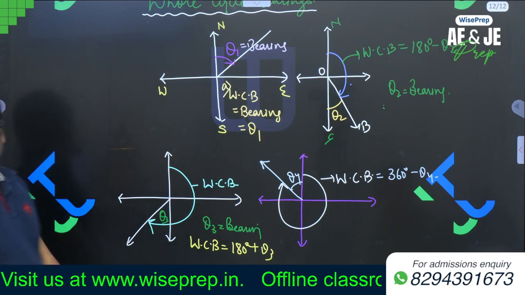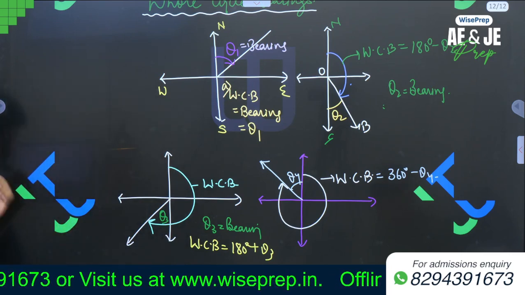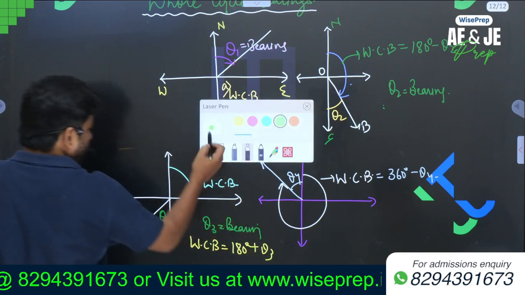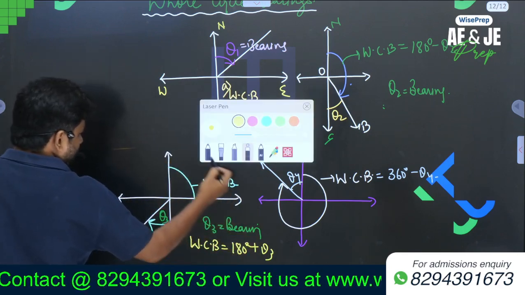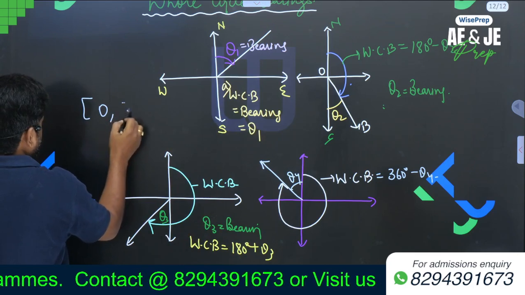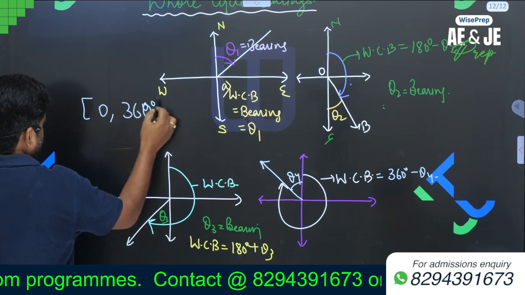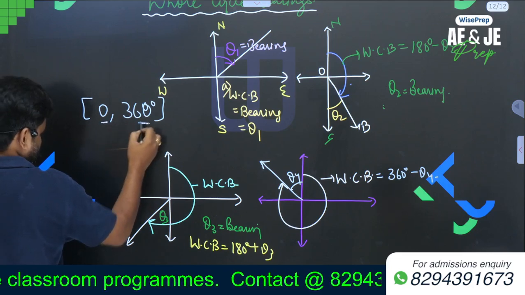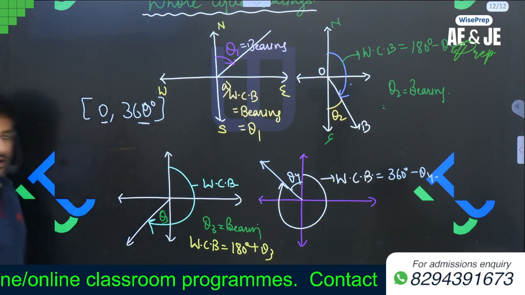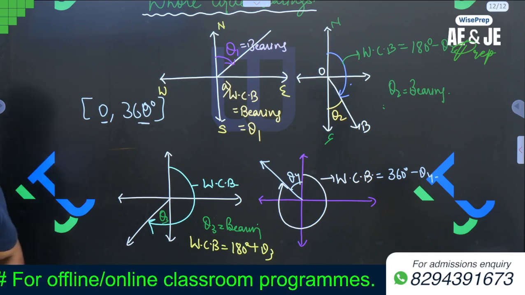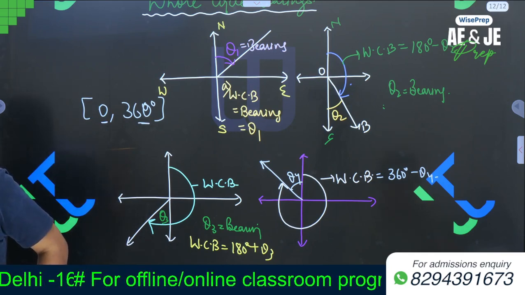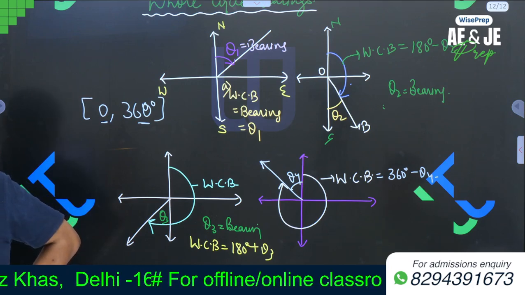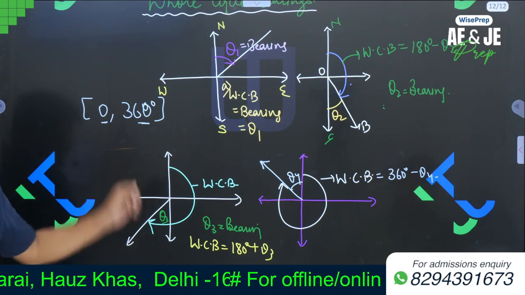Write down, varies from, close bracket, 0 degrees to 360 degrees. It means 0 and 360 degrees are also included. Got it? Draw this figure.